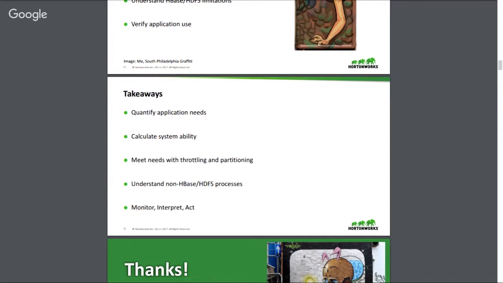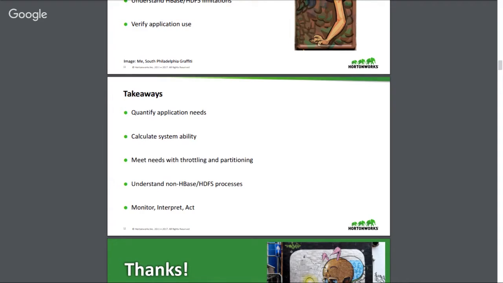We need to understand the type of their usage patterns of the system, how much data they are going to be sending to HBase, how much is going to be read out, and how this affects latency. What kind of request guarantees do they have, or do we need to provide to them as a system? We need to understand what our system's ability actually is with respect to those SLAs that we're signing up to meet.